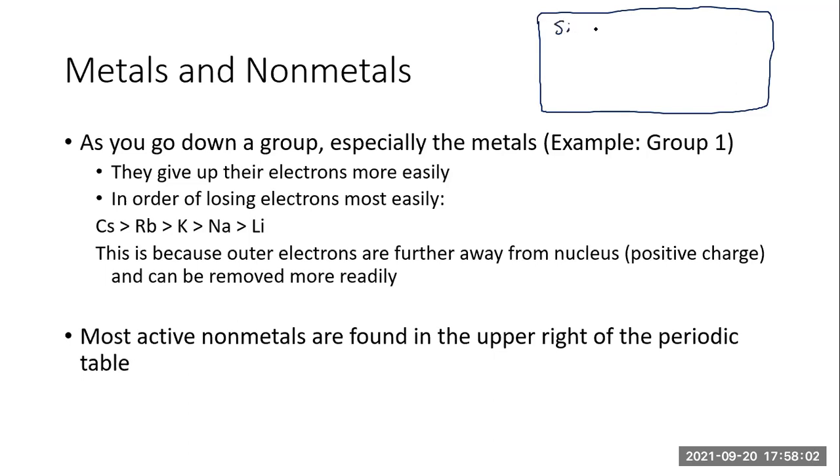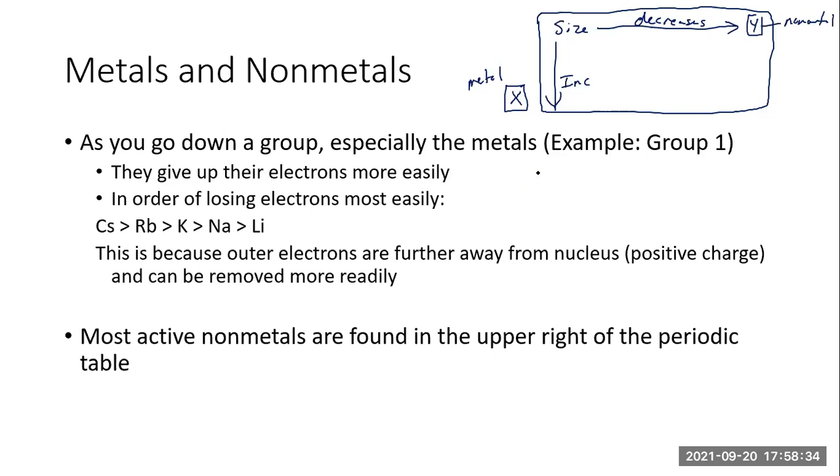Size decreases as you go this way on the periodic table, and it increases as you go to the left and down. When we talk about the most reactive metals and nonmetals, the most reactive metals are found bottom left of the periodic table. The most reactive nonmetal is found upper right of the periodic table.